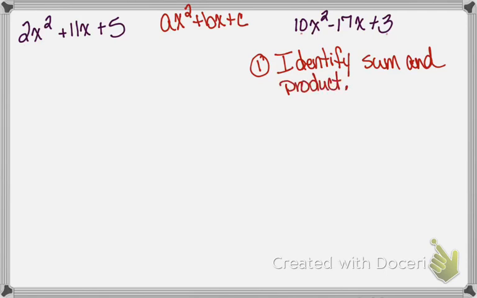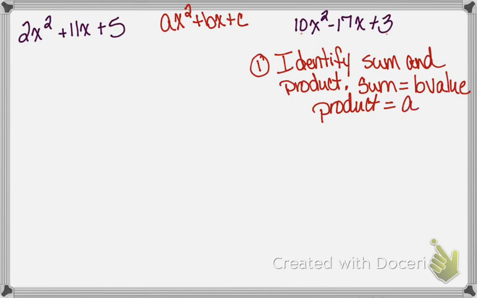Okay? My sum is still my B value. My product is A times C. That's my product.